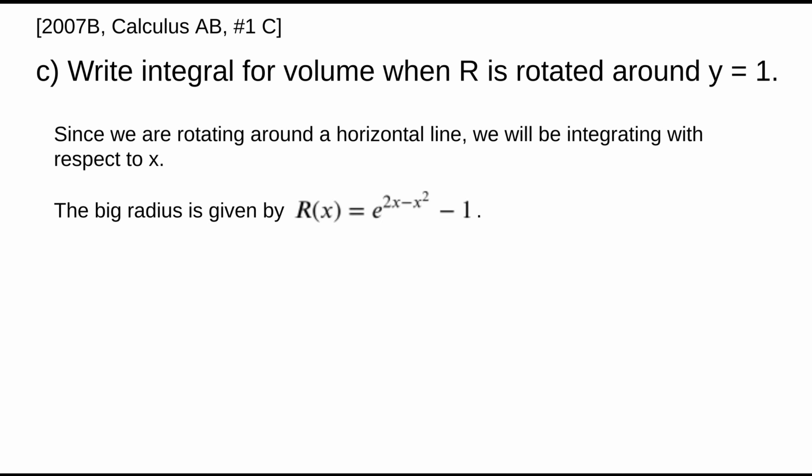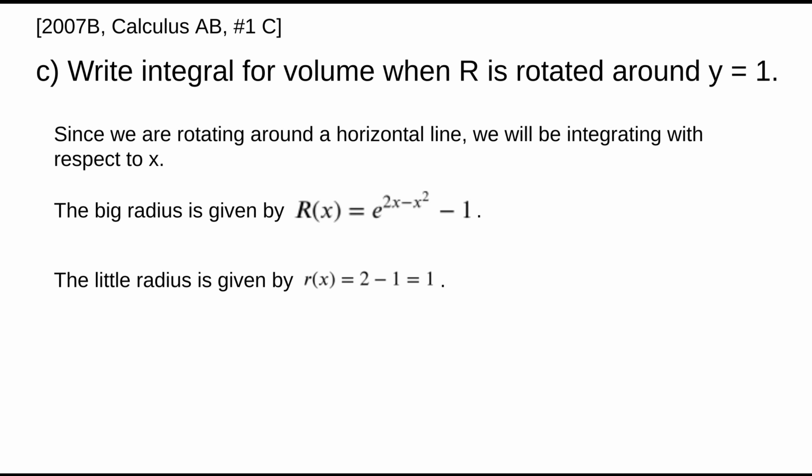So my big radius is going to be the difference between R, or the curve, e to the 2x minus x squared, and the axis of rotation, which is 1. All right, my little radius is going to be the difference between the lower boundary of this region, which is the horizontal line y equals 2, and the axis of rotation, which is 1.